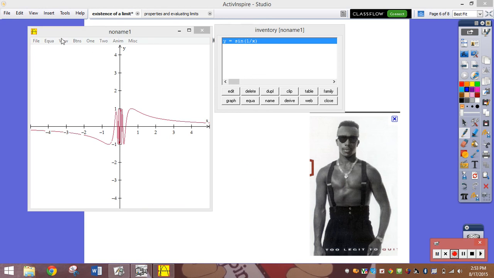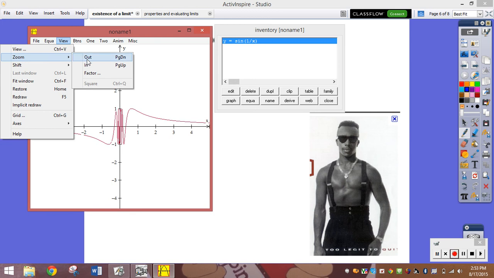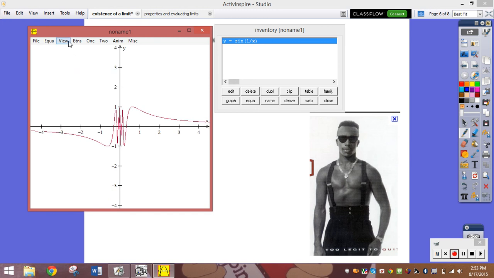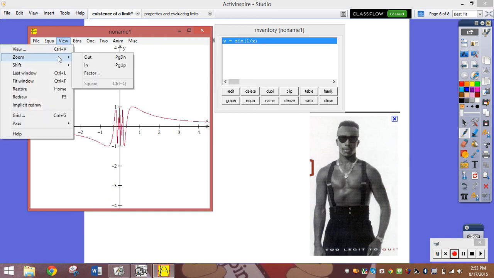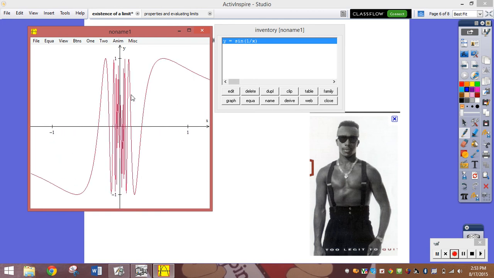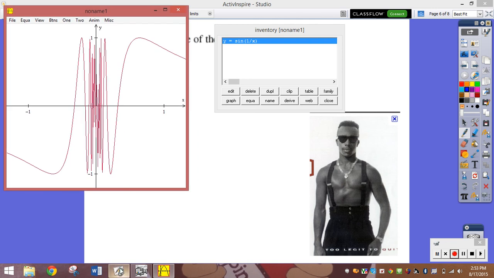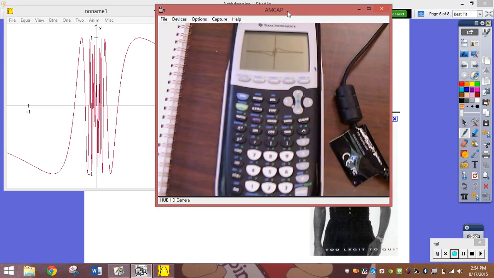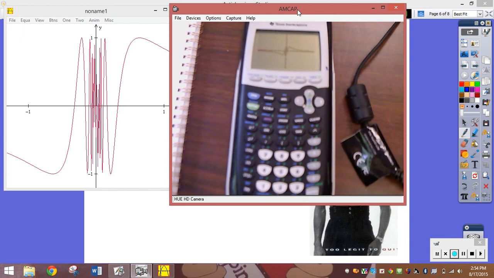So the way I would do that is I would go to View, Zoom, I can zoom in. I can do that over and over again. But as you can see, there's shortcuts here, page up, page down. So if I just hit page up several times, I can see a little bit more clearly what's happening with this graph as opposed to your calculator view, which is not great.